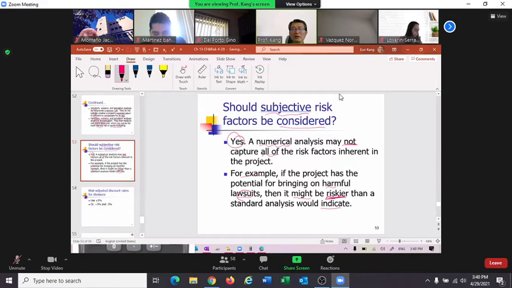So in that case, even though the numbers may show a positive net present value, the subjective risk factors, like the project bringing lawsuits, and you may lose the lawsuit, then what? It can be very risky, right?